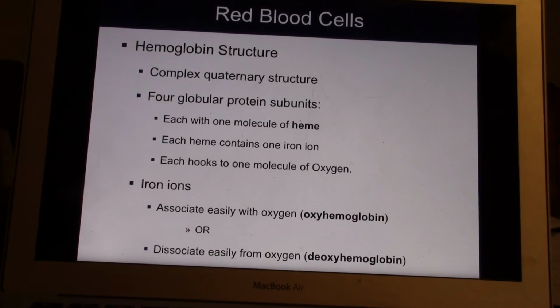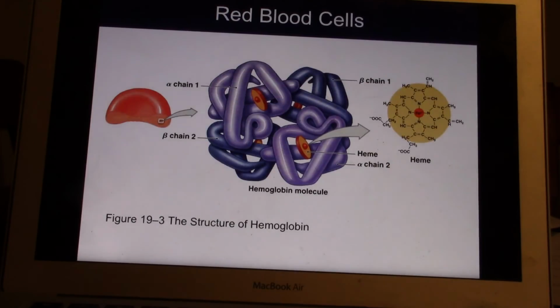Now, the tricky thing is that once that dark purple blood lays there exposed to the air for a few seconds, it also turns quite bright red because it picks up the oxygen just from the atmosphere. But anyway, oxyhemoglobin and deoxyhemoglobin are the two major forms of hemoglobin that you need to be aware of.